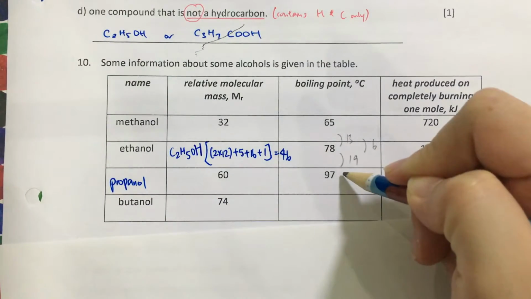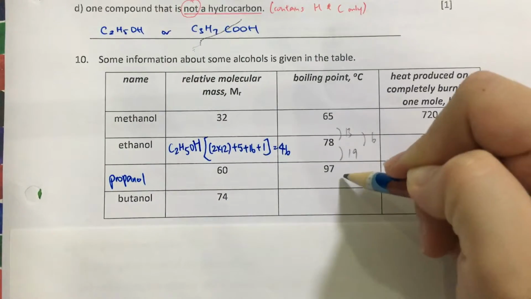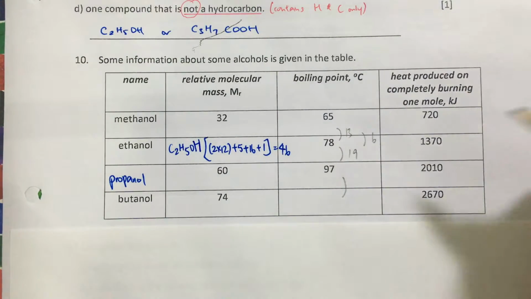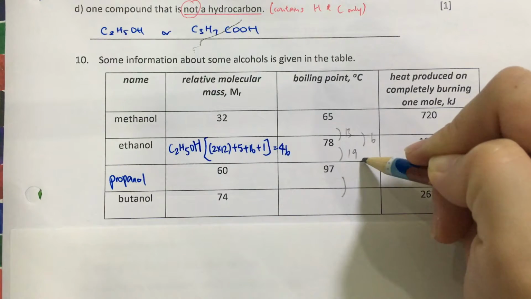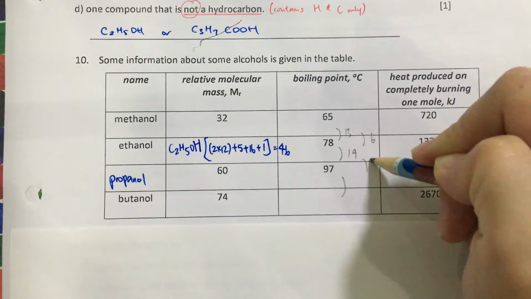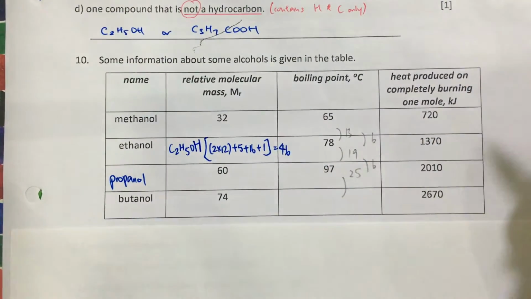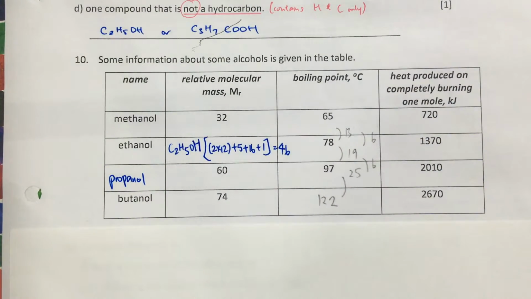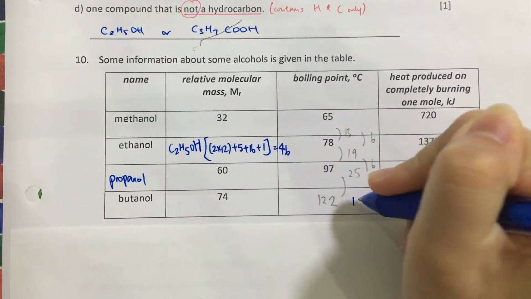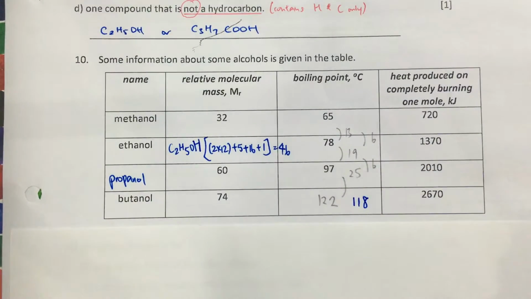So if you do that, a possible number that you can get would be, let's say, 19 plus another 6 will give you about 25, and then this will give you 122. So this is a possible range as well. Alternatively, it can be anything lower, and the accurate boiling point for butanol is 118.